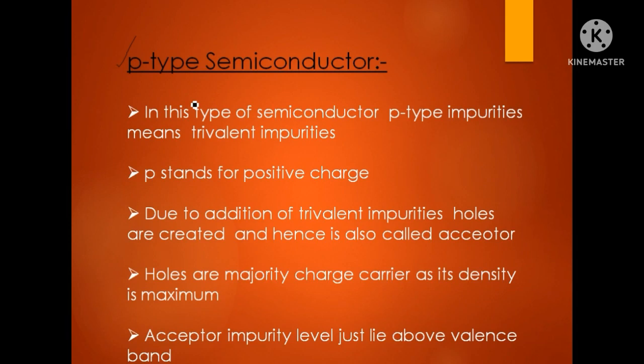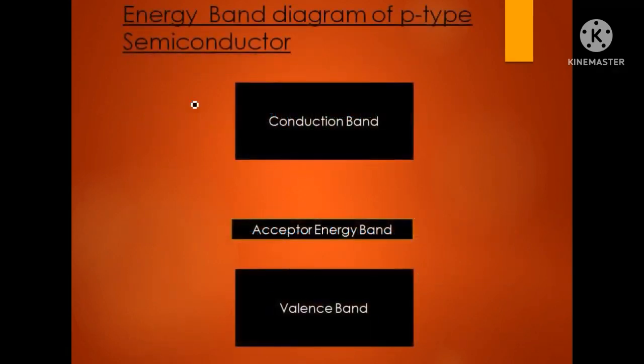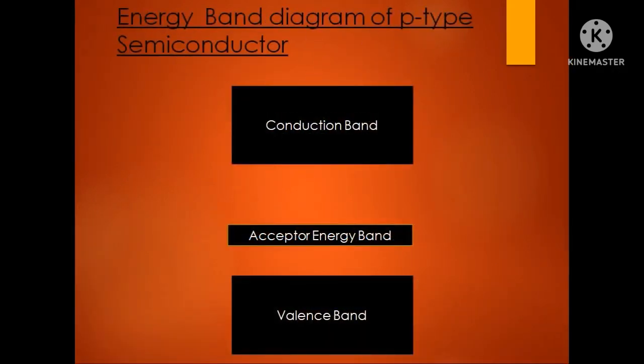Due to attraction, the electron moves from one position to another. That's why the conductivity of the semiconductor increases. The acceptor impurity level is just above the valence band, because this energy level is easily created due to the addition of the trivalent impurity.